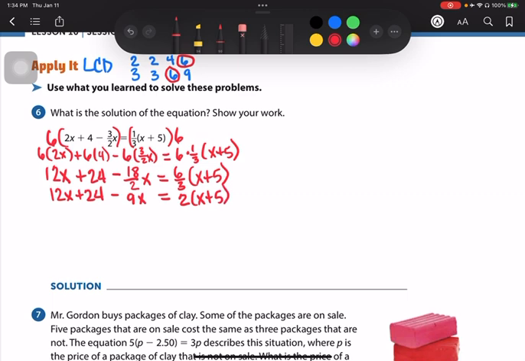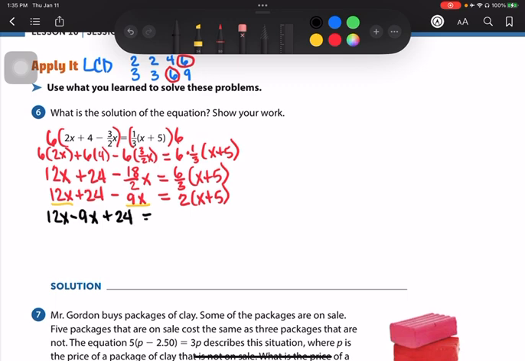Combining like terms. Remember, our like terms are 12x and 9x, I'm sorry. So this is a subtraction sign in front, so that's a minus 9x. So I'm just going to rewrite it so you can see it.